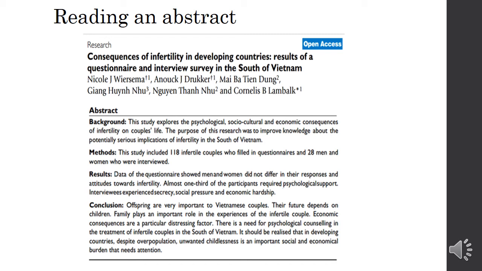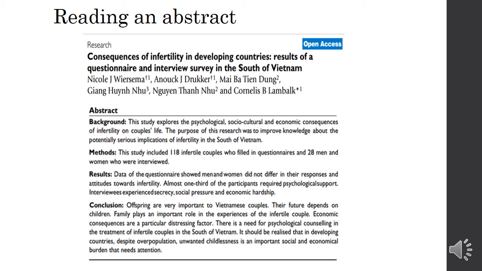Abstract is one element in the research article. If you want to know the general idea or the most important point in the article, we can just go to the abstract of that article. Let's see, what do we have in the abstract? So, the abstract consists of several elements. The first one is the background.